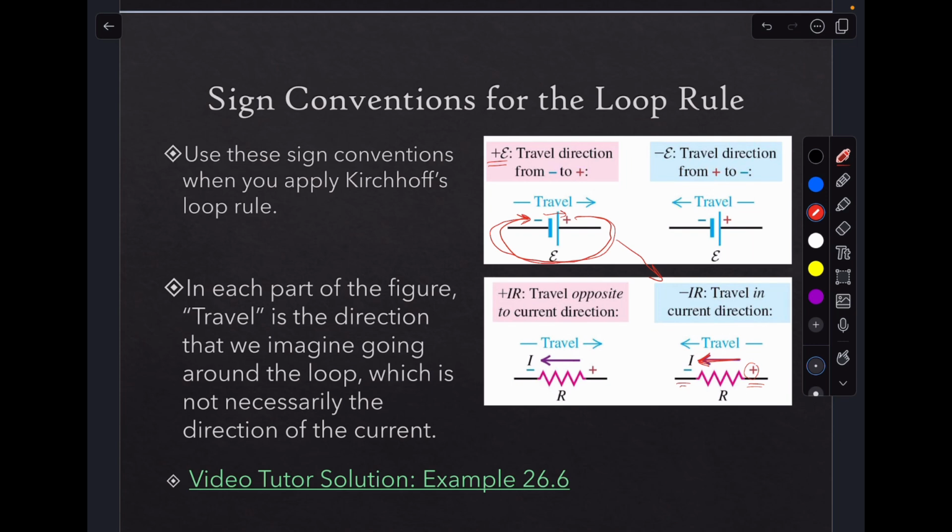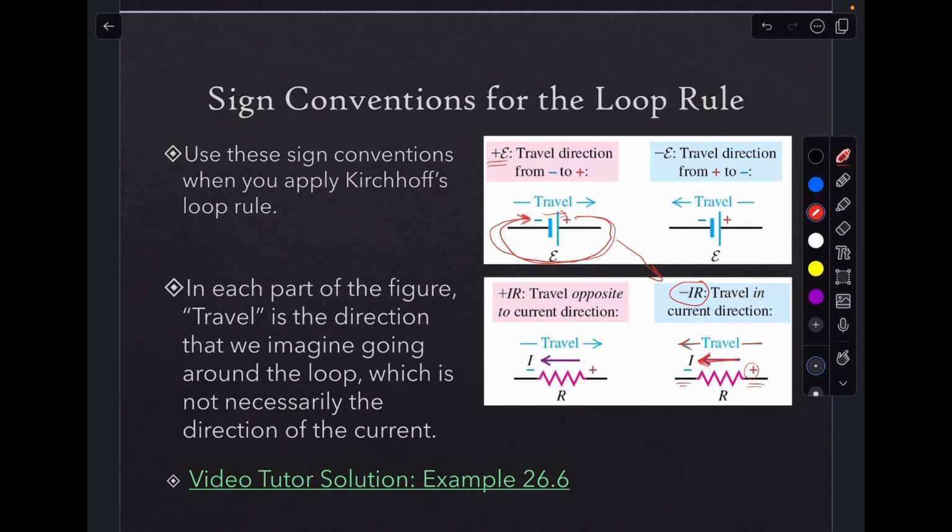So when your direction of travel is going this way, anytime you cross the resistor, you're going to lose potential. So these go together; they're opposites.